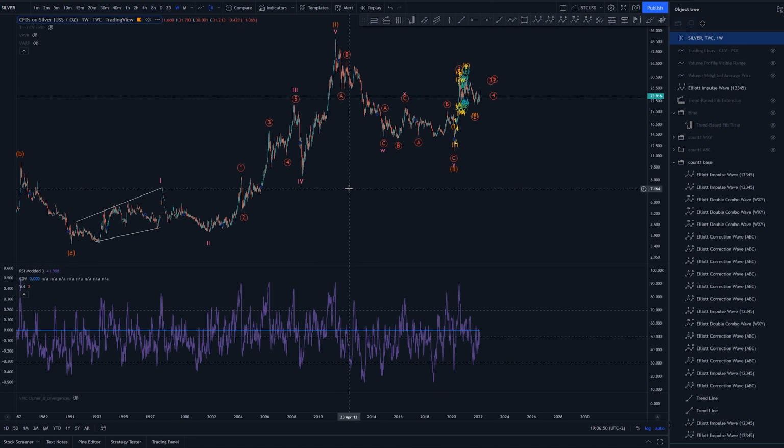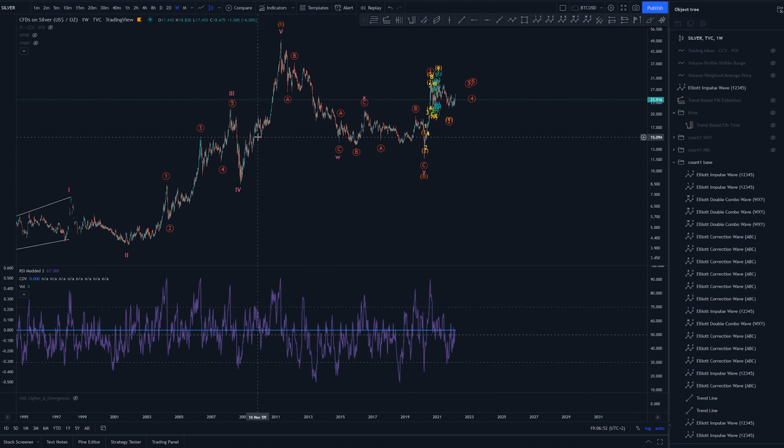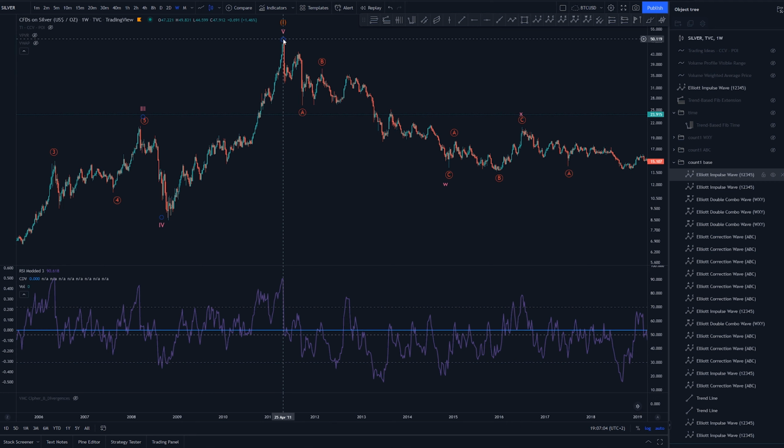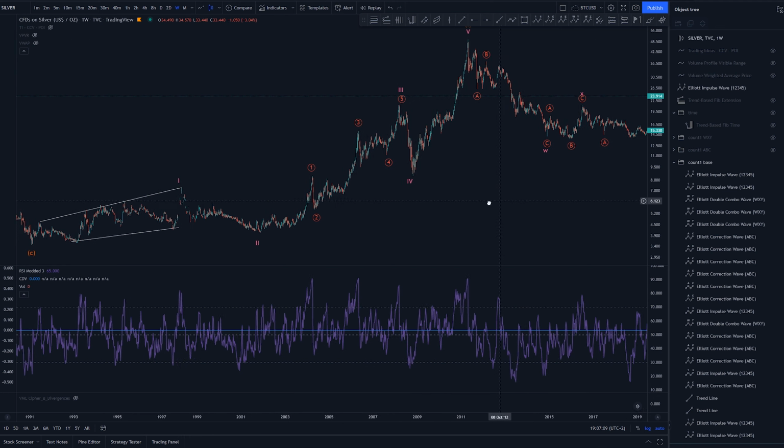Same again would be here. Primary might be some kind of a diagonal up to here, and 2, maybe 3. Actually this is the highest point, which is a bit weird and really unusual. So we don't have divergence there.